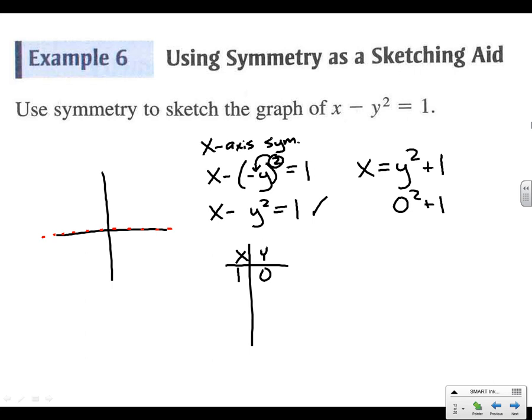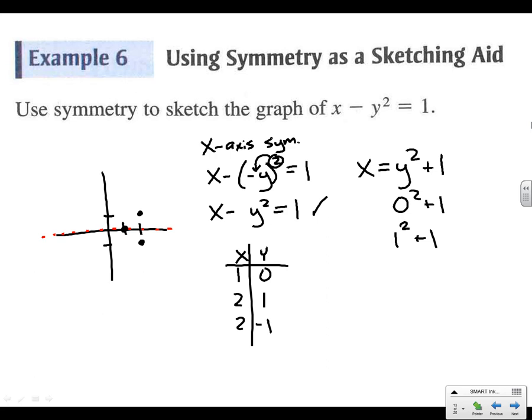So I know that 1 comma 0 is on the graph. What if I plug 1 in for y? 1 squared is 1, plus 1 is 2. So I'm going to have 2 comma 1. So 2 over 1 up. And since we know it's symmetric on the x-axis, I know that there's also going to be a point at 2 comma negative 1.